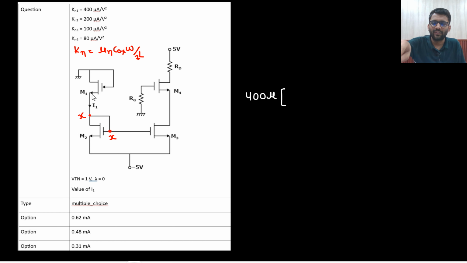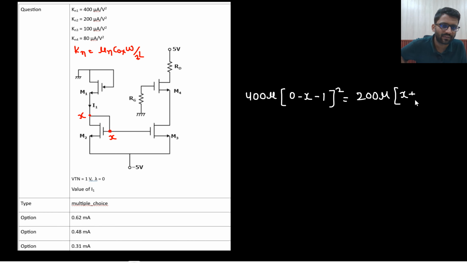Kn1, it is Vsg, that is 0 minus X minus Vt, whole square, should be equal to 200 micro, Vsg, that is X plus 5 minus Vt, whole square. Okay, from here you need to find the value of X. So that would be a bit complex calculation, but we have to do it, no other way.